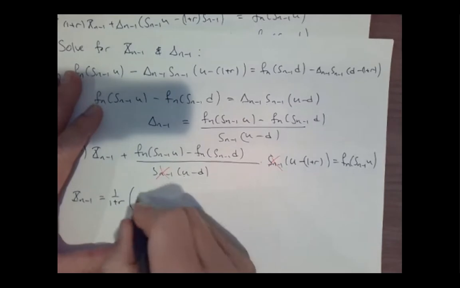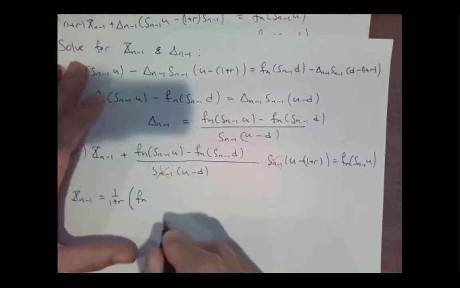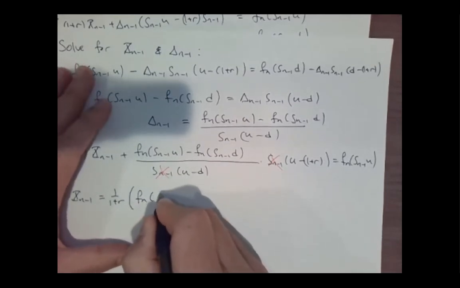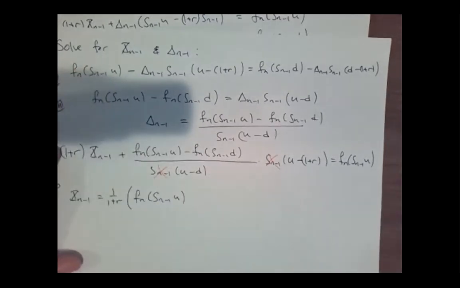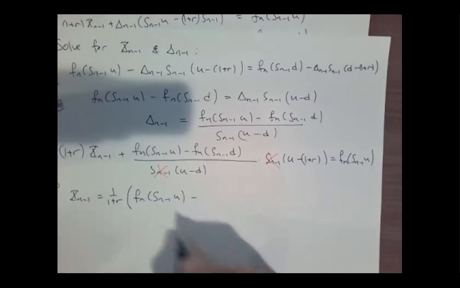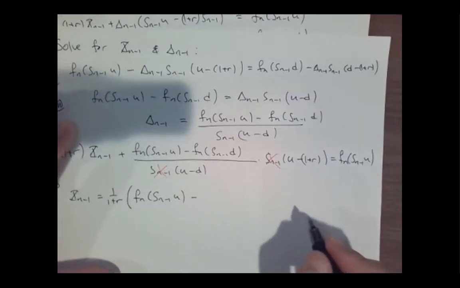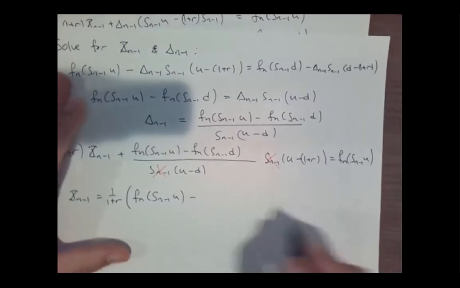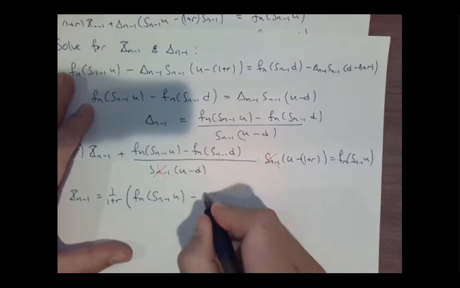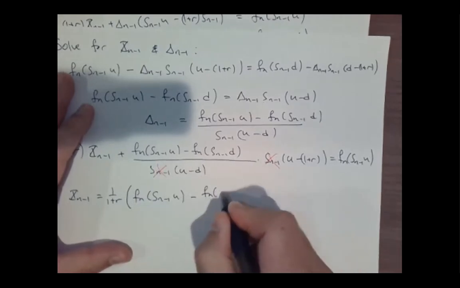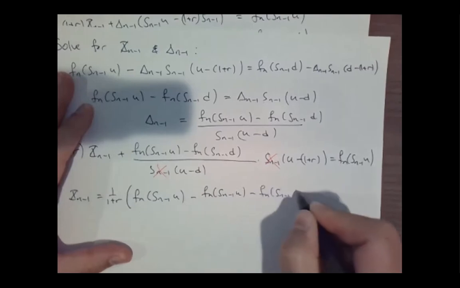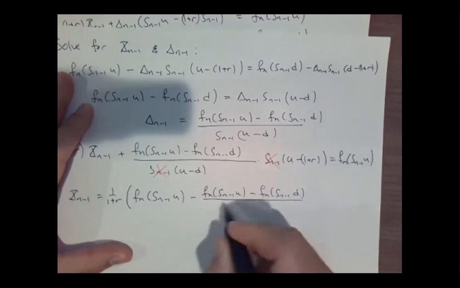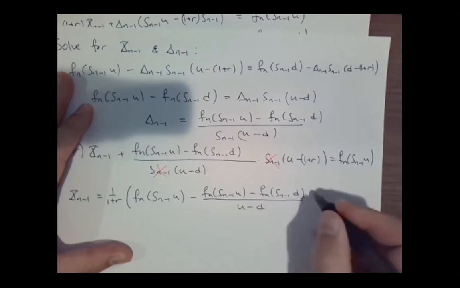I'll have fn Sn minus 1 u, and then all this stuff has to go over there. Minus fn Sn minus 1 u minus fn Sn minus 1 d divided by u minus d.